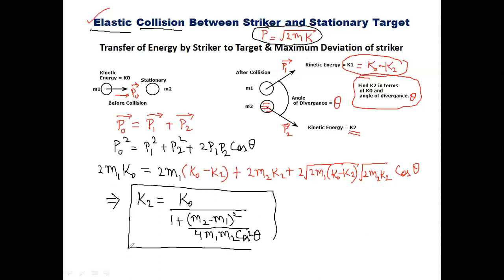I have skipped 2-3 steps which you can do after this. The only unknown term is k2. We have eliminated k1 by the conservation of kinetic energy. So this way you can easily find the value of k2.